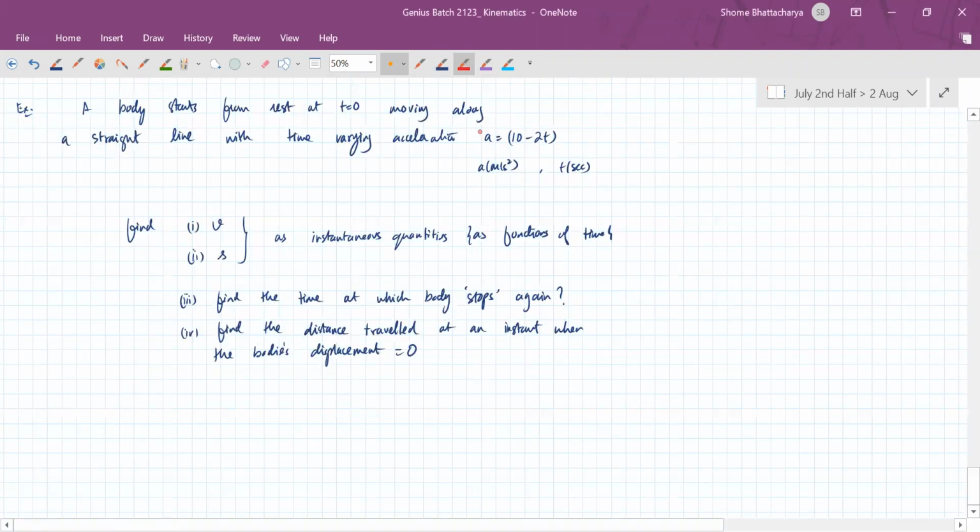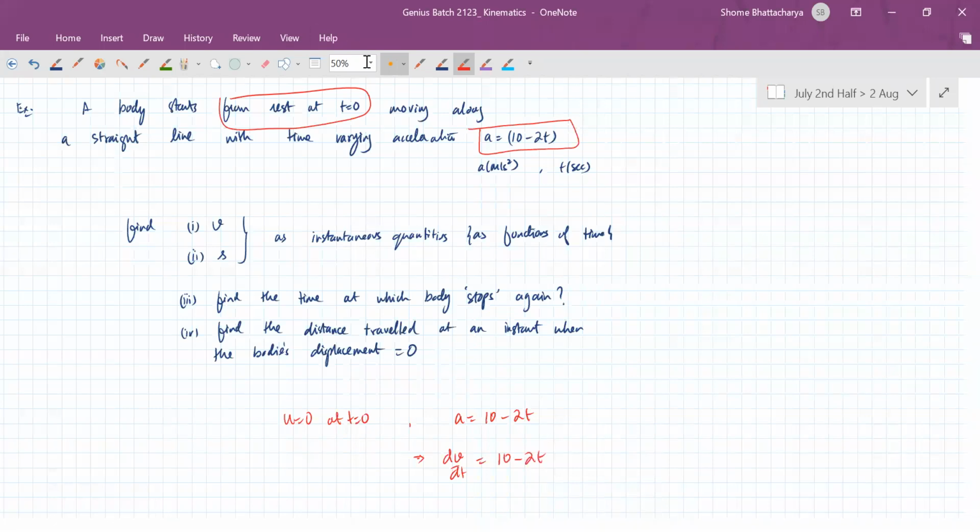So we start with this equation and this condition that it starts from rest. So u is equal to 0 at time t equal to 0, and the acceleration as a variable quantity is 10 minus 2t. So dv by dt is 10 minus 2t. So cross multiply the dt and integrate. The preferable method is to use definite integration.